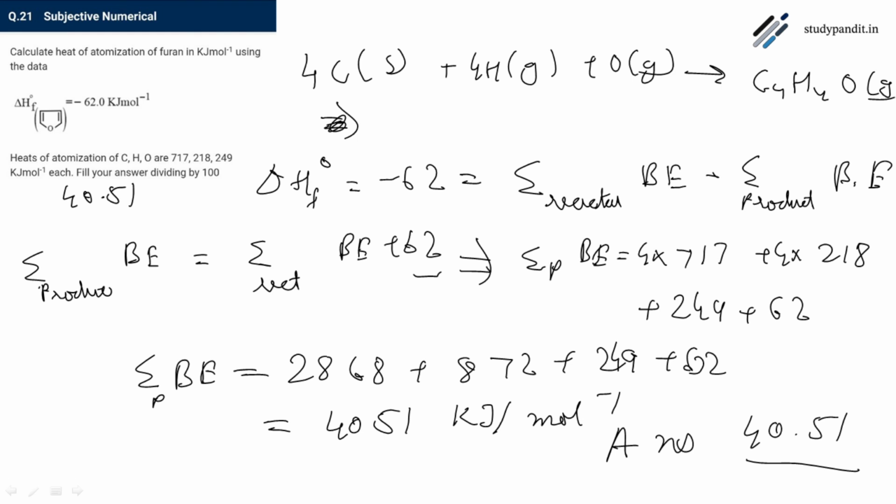So the next question. How many isomers of C4H10O react with Na metal to evolve H2 gas, excluding stereoisomers? Okay.